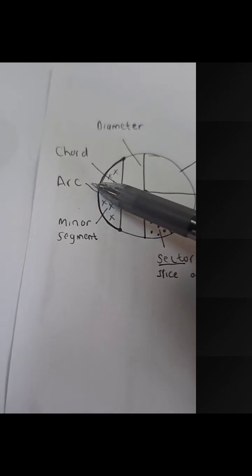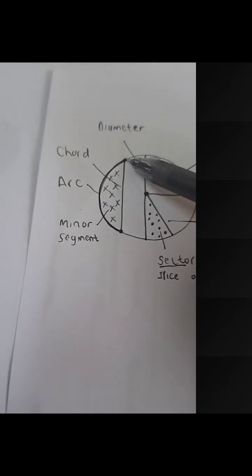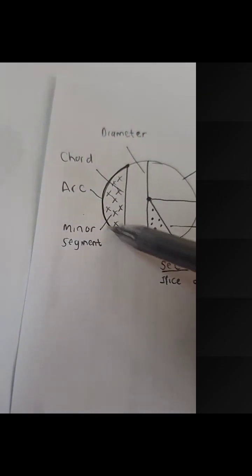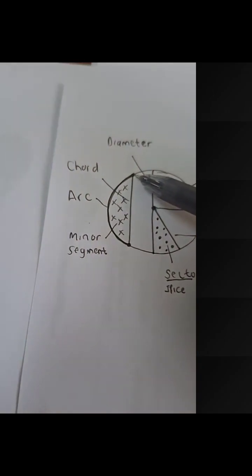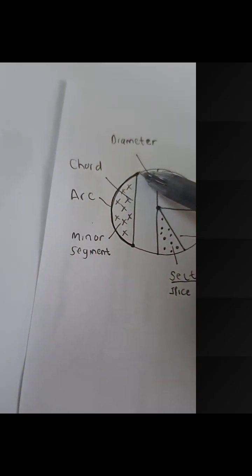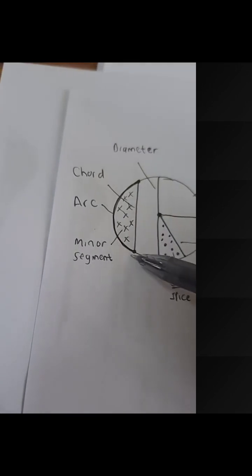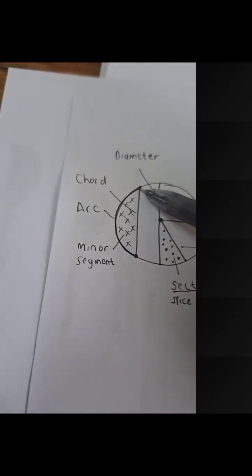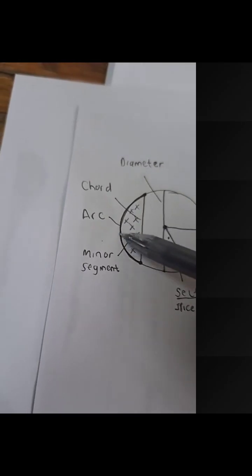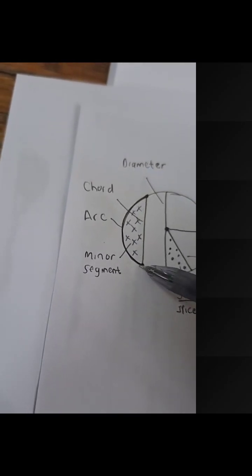Then your arc, like I said, basically becomes a smaller distance of your circumference. If you just take a portion of the circumference, enclosed, of course, here you can see by this chord, then this basically is an arc from here all the way to there. That's an arc, all right?